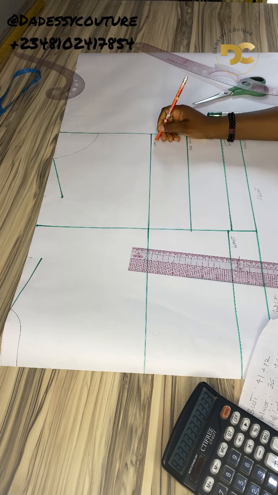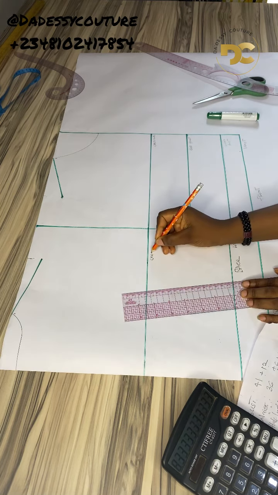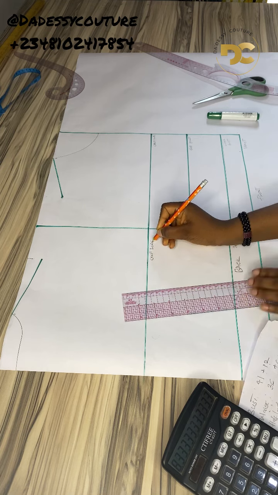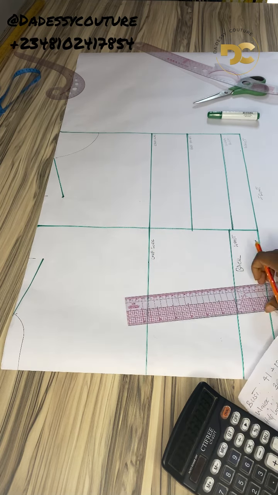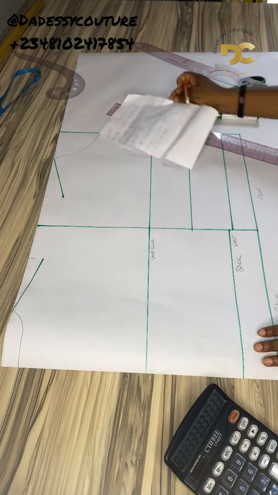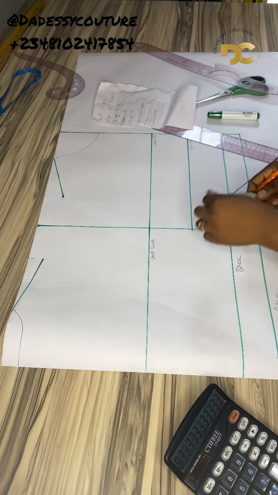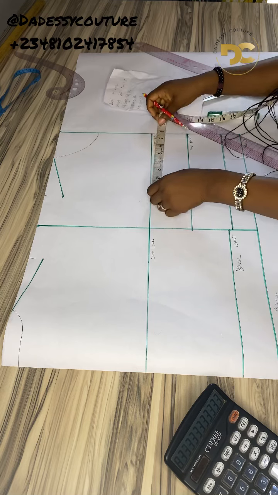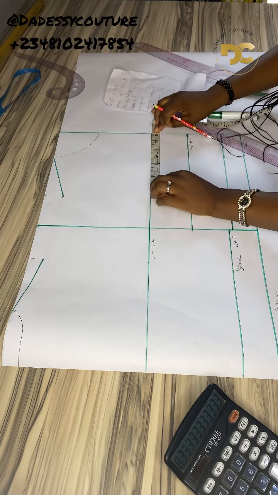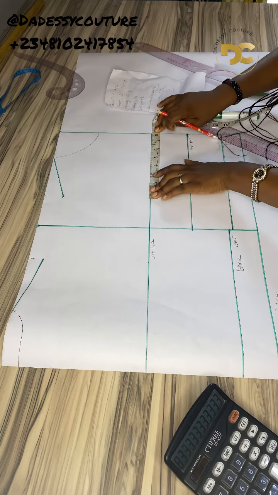So this is our chest line. Yeah, we're almost done. Every other style emanates from this basic block. If you can draft your basic block perfectly, you can draft any other thing. Every other thing starts from here, manipulation.